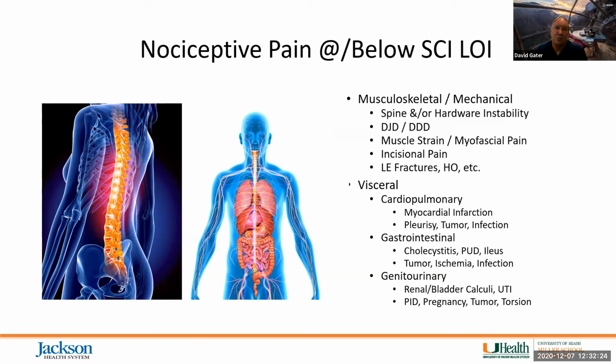So when it's below the level of a spinal cord injury and the person doesn't have sensation, we recognize that we're going to have to go on a fishing expedition. This is going to require additional imaging. This is going to require us to be thinking outside of the box. What could be contributing to this person's autonomic dysreflexia and spasticity?